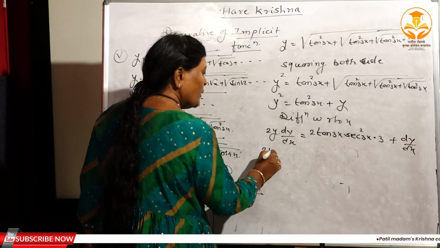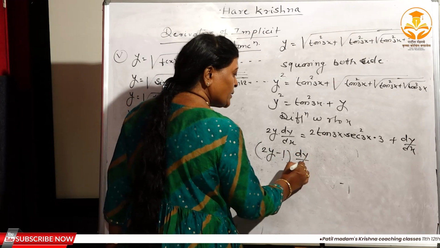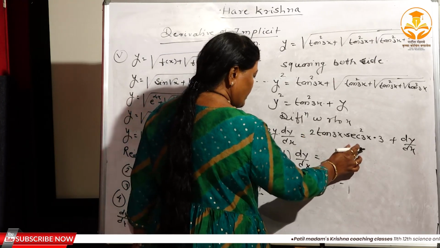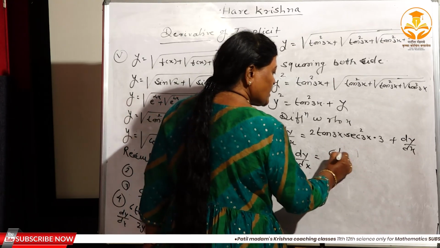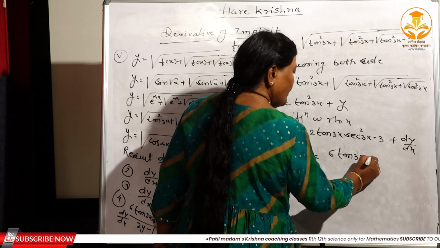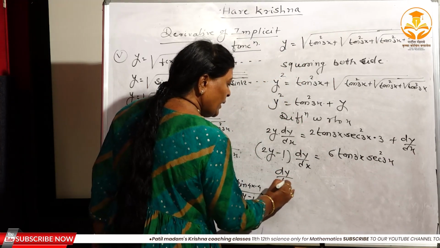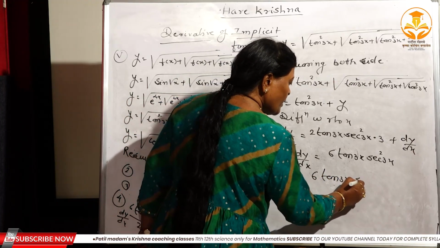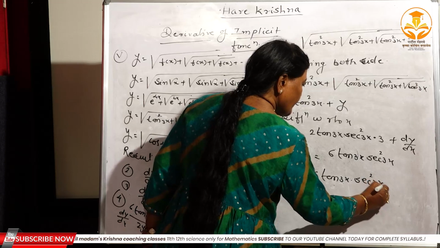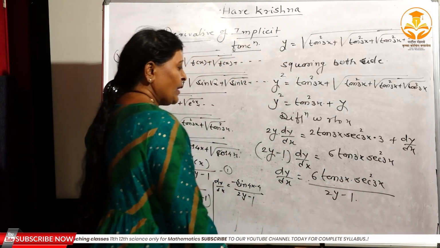Again transfer here: 2y minus 1 into dy by dx, and 2 3s are 6, isn't it? That is 6 tan 3x into sec square 3x. Therefore dy by dx is equal to 6 tan 3x sec square 3x divided by 2y minus 1, isn't it?